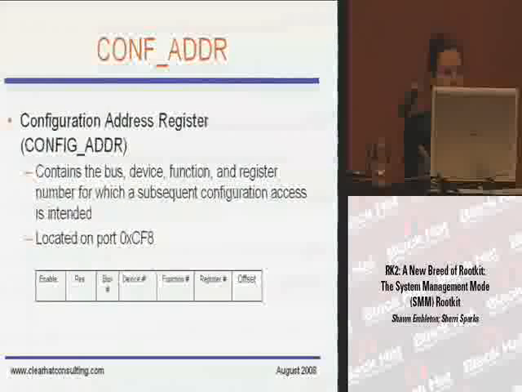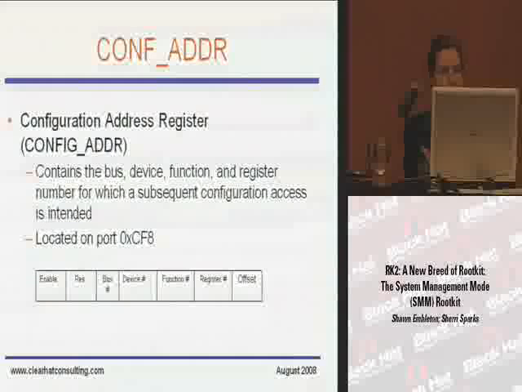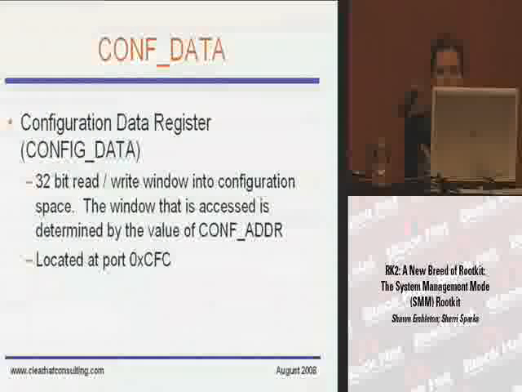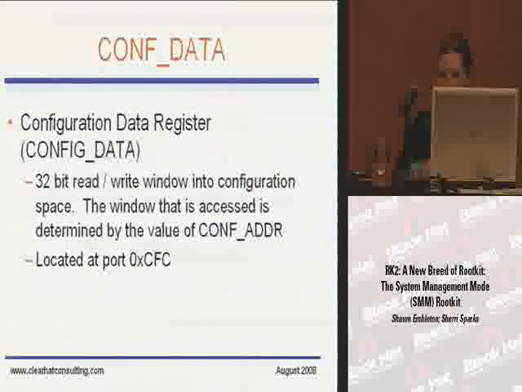This register is located on port CF8 and is accessible using standard port I/O. Once you've set the configuration address register with the location you want to read or write, then you actually do the read or write by using the configuration data register. The configuration data register is located at port CFC and is also accessible using standard port I/O, like assembly in and out instructions.